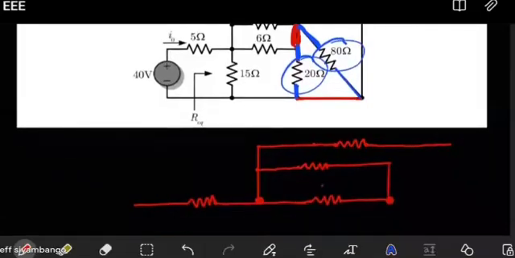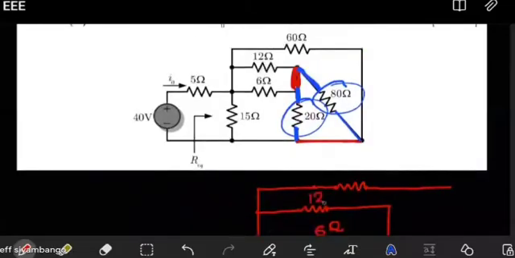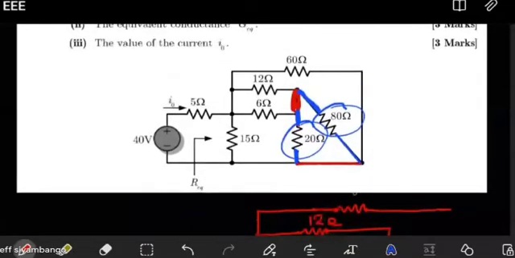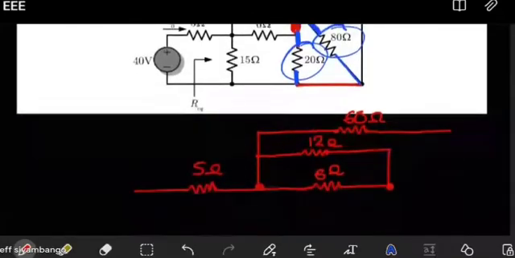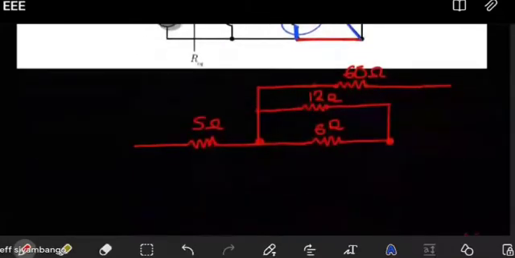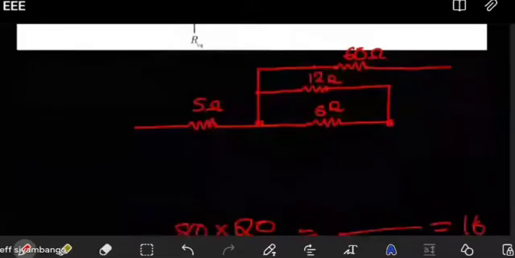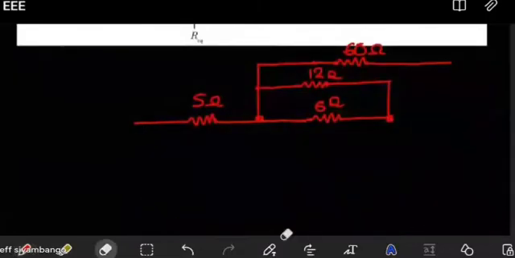Okay, so 6 ohms here, 12 ohms here, 60 ohms here, 5 ohms here. Okay, what else are we seeing there? Okay, so this comes down. We have a power source.